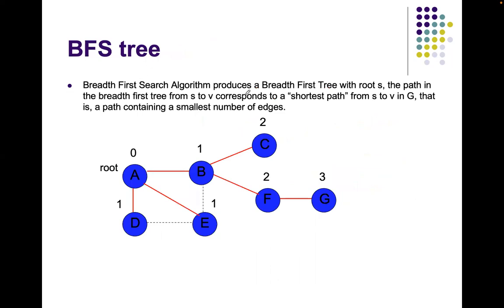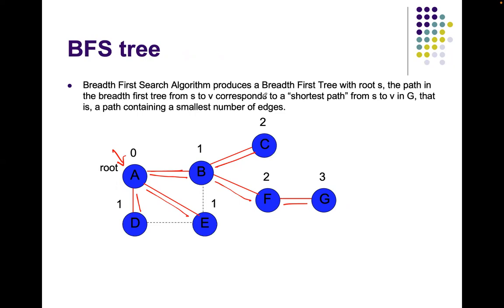The breadth first search algorithm will produce a breadth first tree with root S. If we follow only the paths that we traverse to explore all the nodes, we can see that it will produce a breadth first tree, considering the source node as the root. These edges are the edges that we use to explore all the nodes.